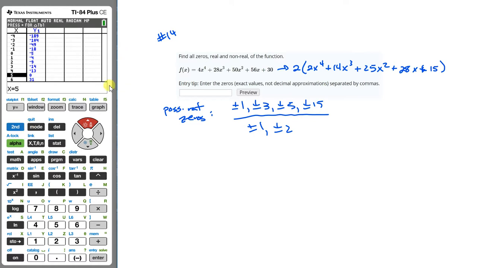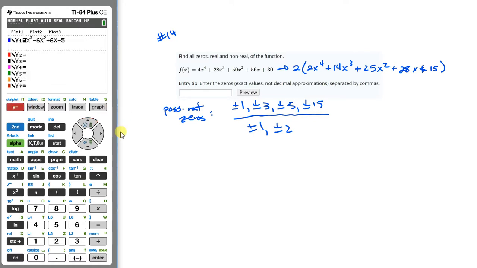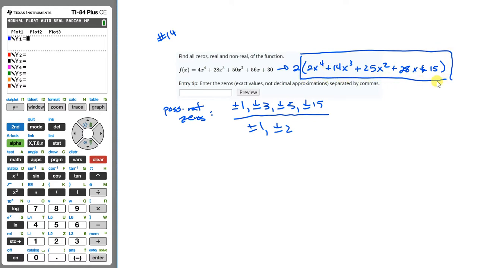Now, let's go to y equals and put in the function. I'm going to put in the reduced function because I'm looking for zeros of the reduced function. They will also be zeros of the original, because if something makes all of this equal to 0, it'll make 2 times it also equal to 0, because 2 times 0 is still 0.